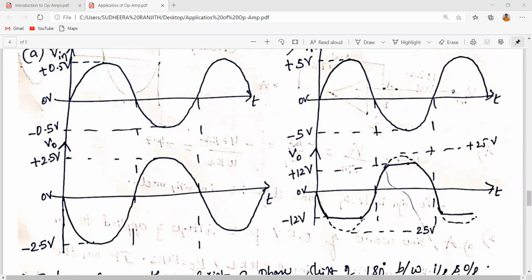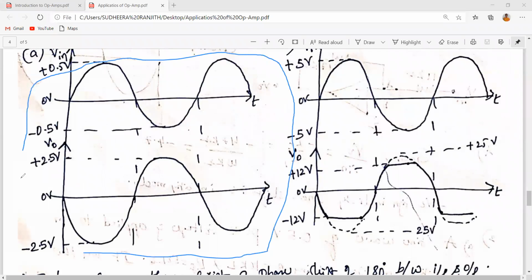If you observe this graph, this is the 0.5 volts input signal, whose magnitude is plus 0.5 and minus 0.5. This input signal is applied to an inverting amplifier whose feedback resistance is 50 kilo ohms and whose input resistance is 10 kilo ohms.